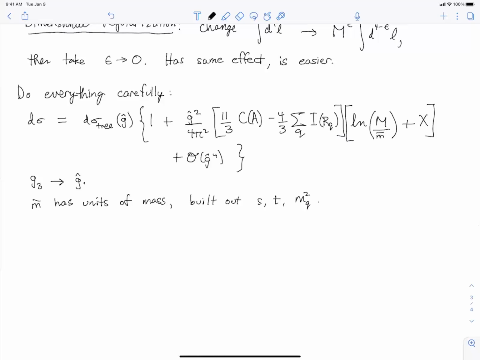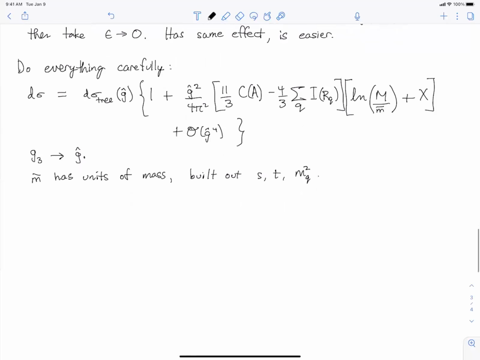It's something very complicated, but it has dimensions of mass. You can work out exactly what it is, but I'm not going to tell you. It's some very complicated thing. And x, the only thing we need to know about x for today is it is finite as you take the cutoff to infinity.